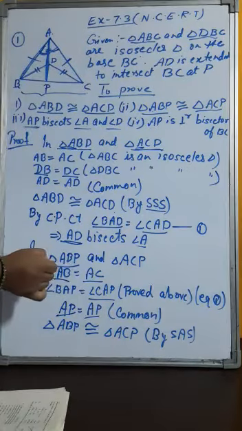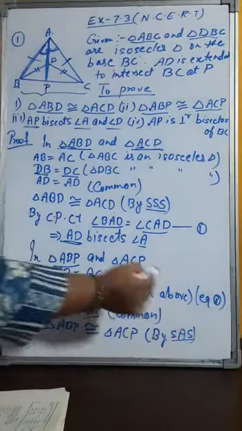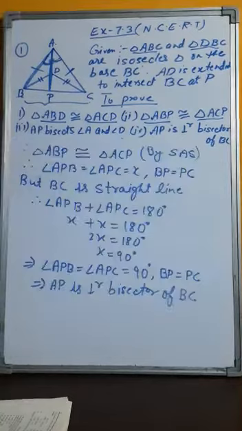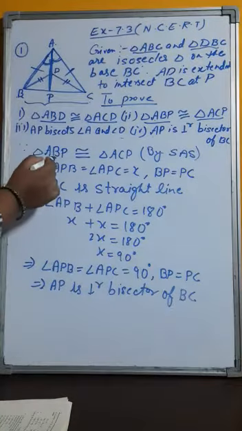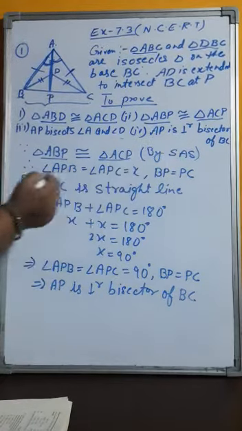So triangle ABP is congruent to triangle ACP by SAS. Now we will see two more parts of this question.